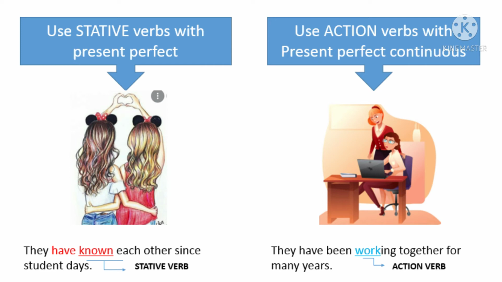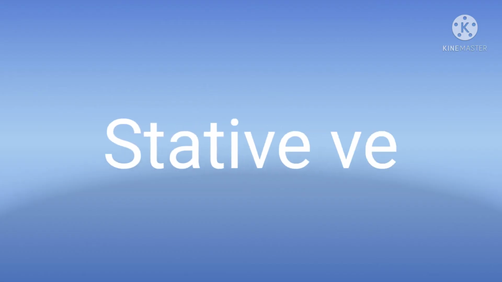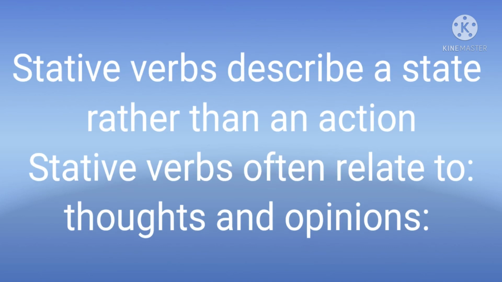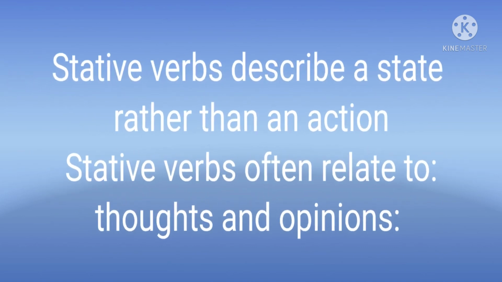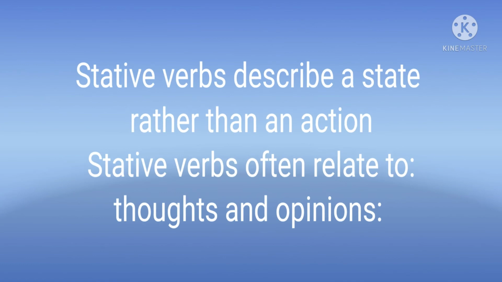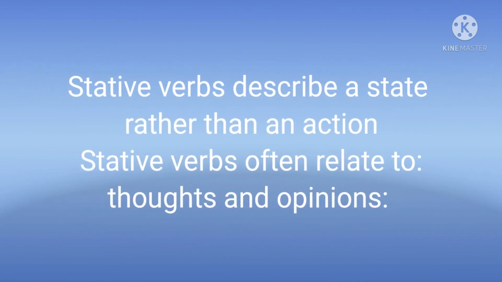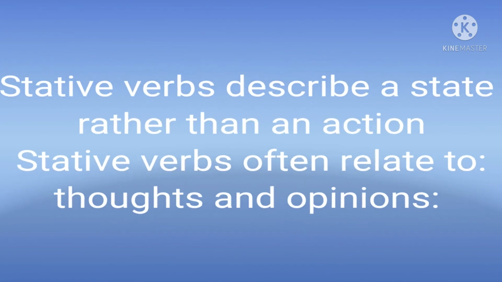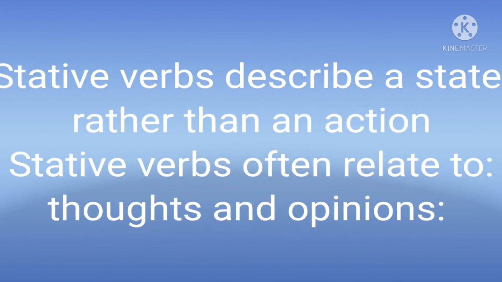So as for the present perfect tense, we use stative verbs. What are stative verbs? Let's check them first. Stative verbs describe a state rather than an action. Stative verbs often relate to thoughts and opinions.